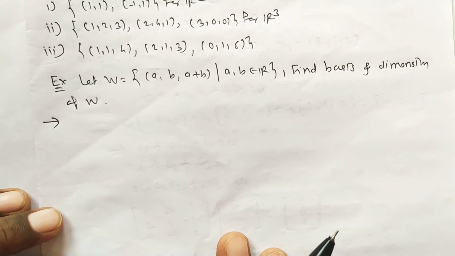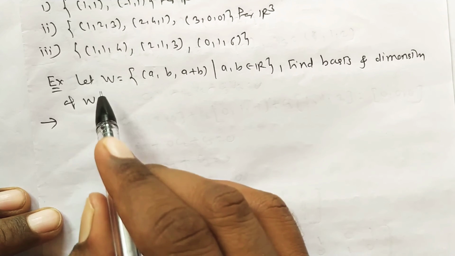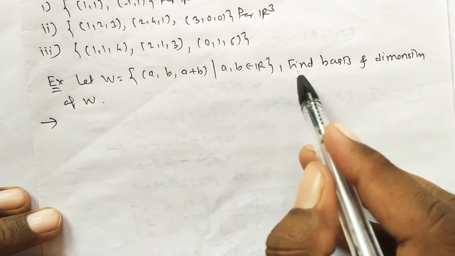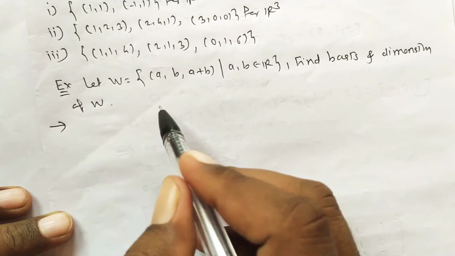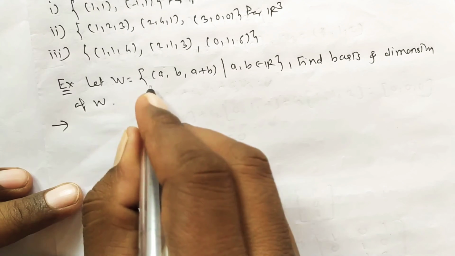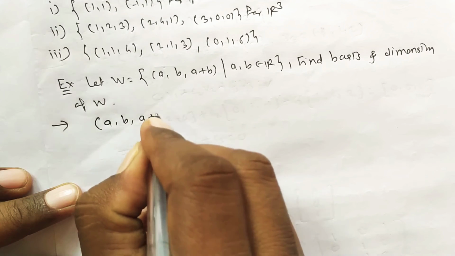Now we will take some problems on basis and dimension, how to find a basis from a given set. Suppose W is equal to the set of (a, b, a plus b) such that a, b belong to R. Find the basis and dimension of W. So how to find the basis and dimension of W? Now the vector of W given here is (a, b, a plus b).